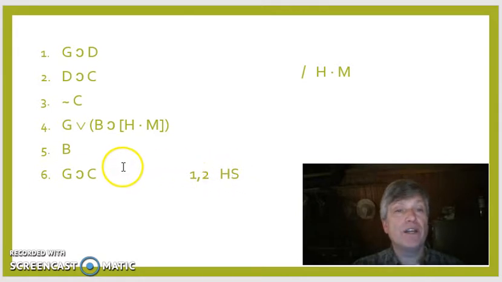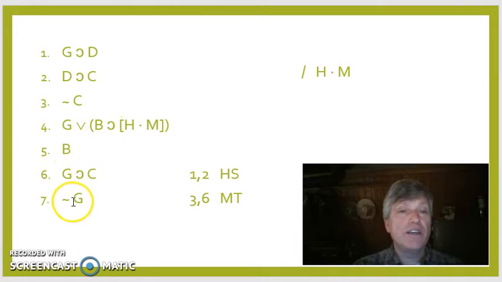Okay, now I've got this conditional, but I notice I have the negation of the consequent of that conditional here. So from that I can get the negation of the antecedent, which is not G, using my rule modus tollens. So I inferred that from 3 and 6 by modus tollens. So that justifies this inference. Now I've got not G.